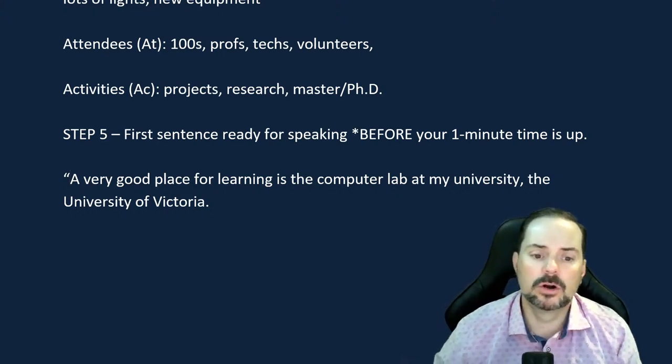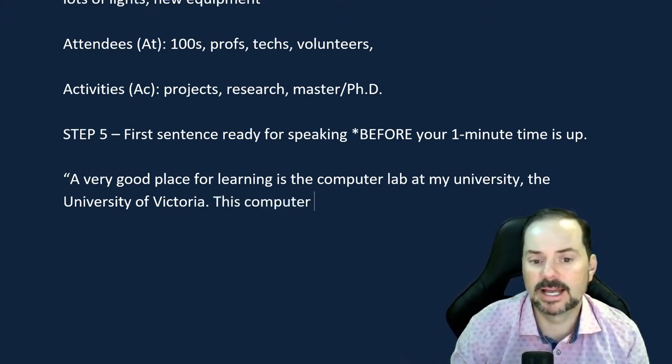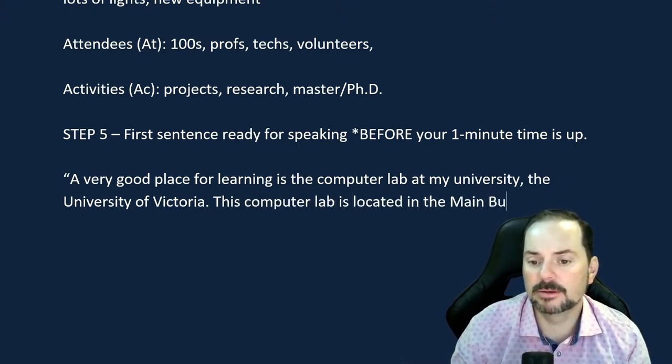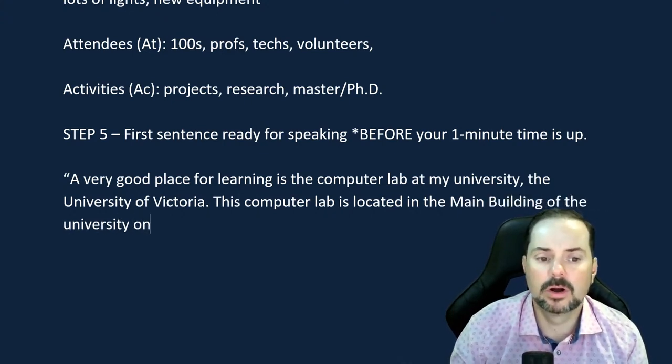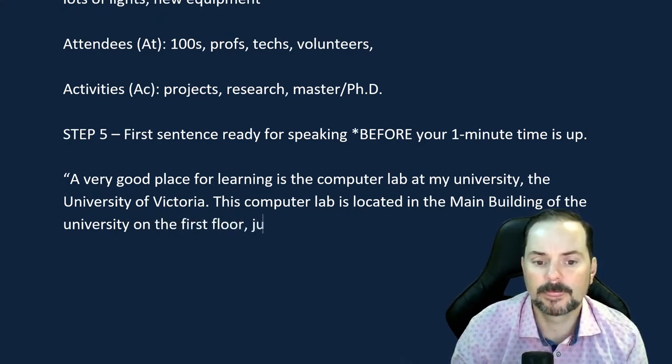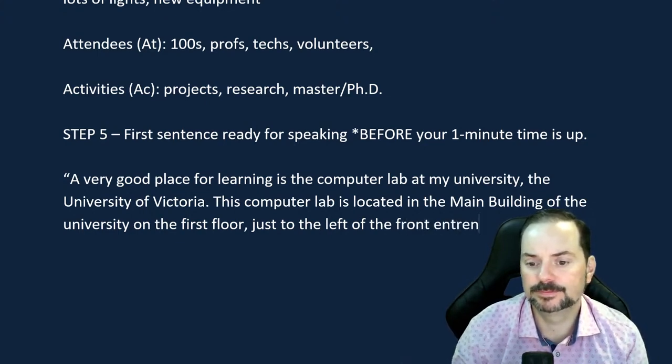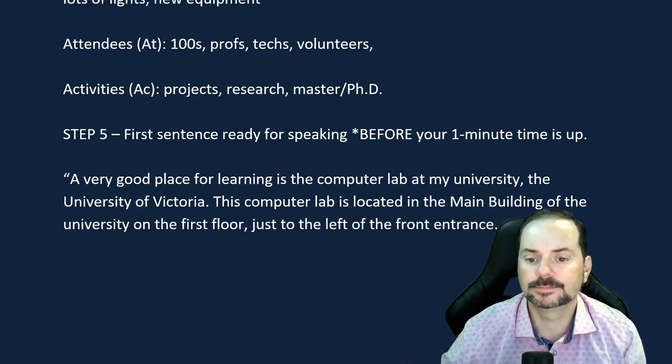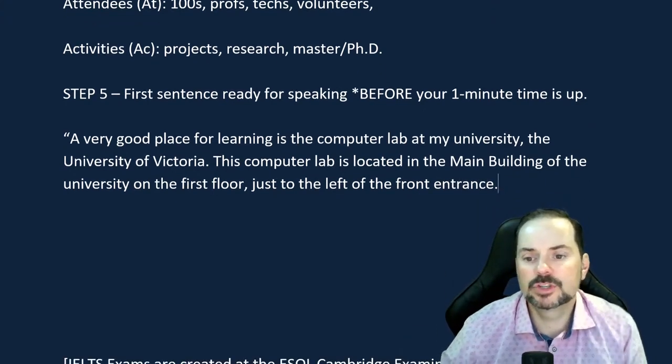Okay, so this computer lab is located in the main building of the university on the first floor, just to the left of the front entrance. Okay. So just nice and smooth.